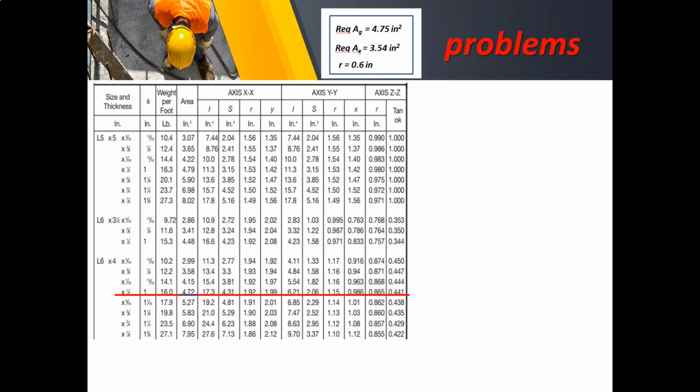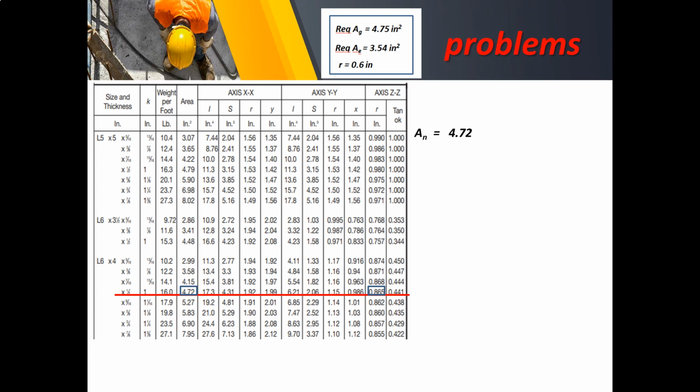So with that, we take this value 4.72 and check the radius of gyration, the largest one, 0.865, which actually satisfies the provision of the minimum radius of gyration of 0.6. So we have no problem on that. Therefore, we can now compute the net area using this trial section.